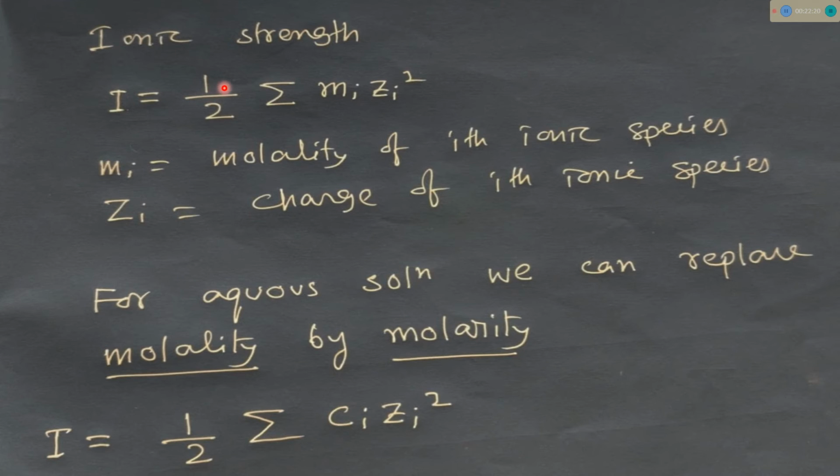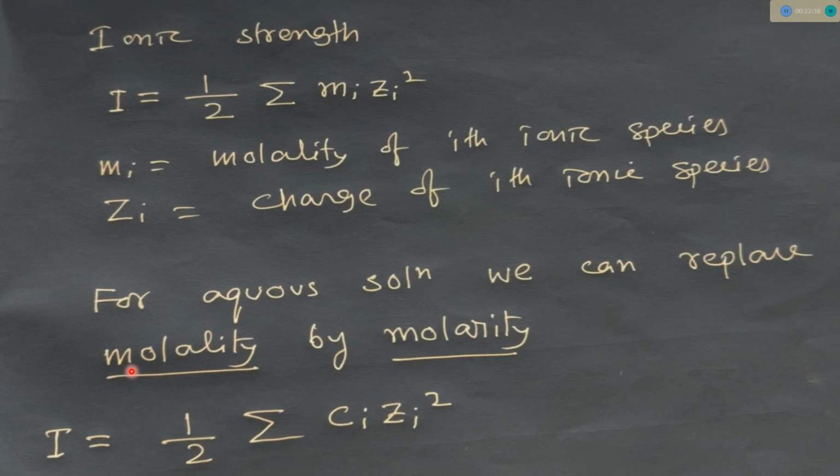It is I equal to half summation of mi zi square. Mi is the molality of the ith ionic species, and the charge of the ith ionic species is zi. If we consider aqueous solutions, meaning dilute solutions, then we can replace mi by Ci, the molar concentration.